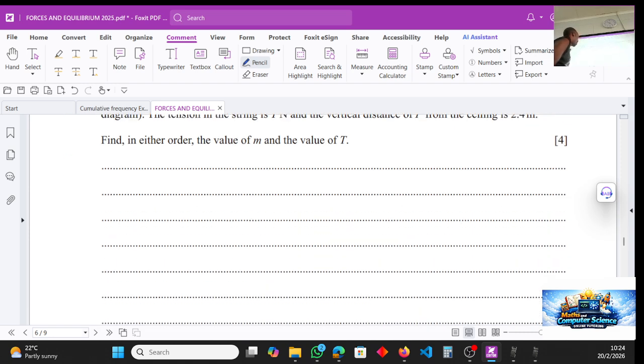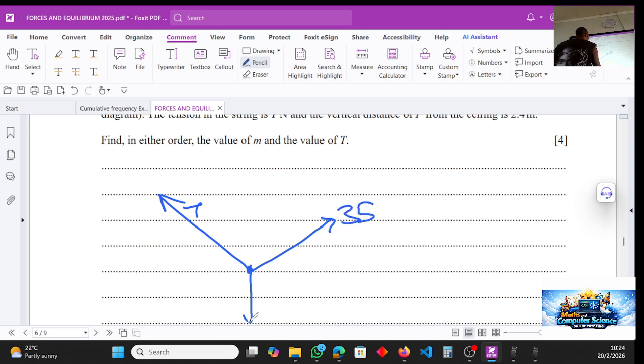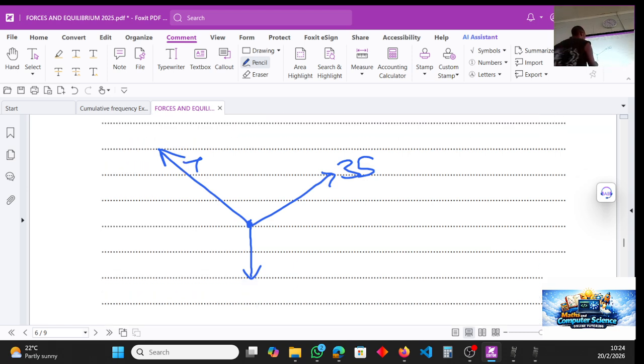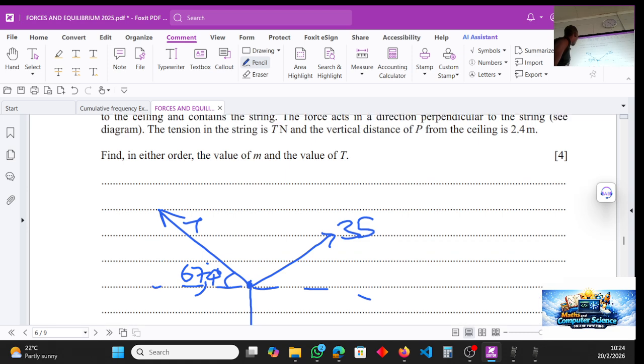What I'm seeing is a scenario where I've got T, and I've got 35 here, and I've got 10m below, and this is our horizontal. So we saw that this angle is 67.4 degrees.